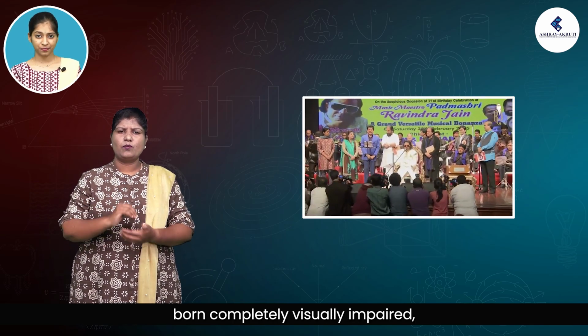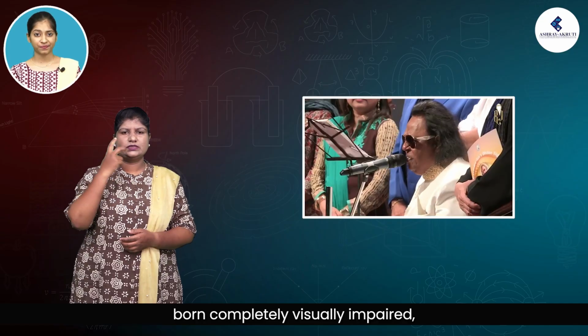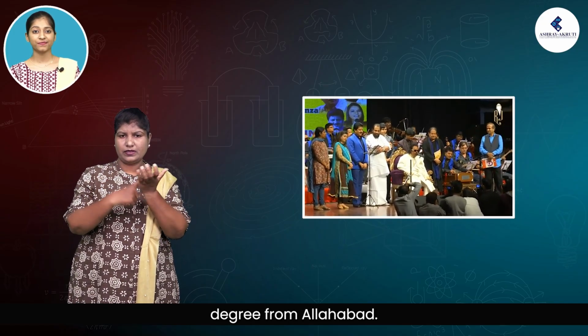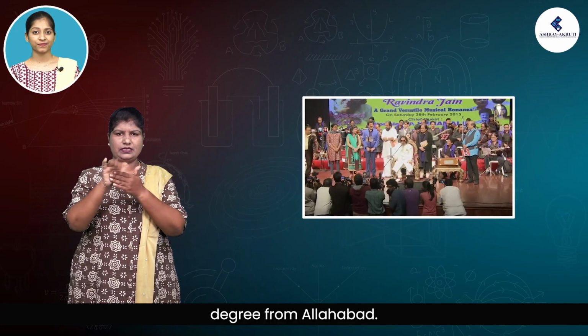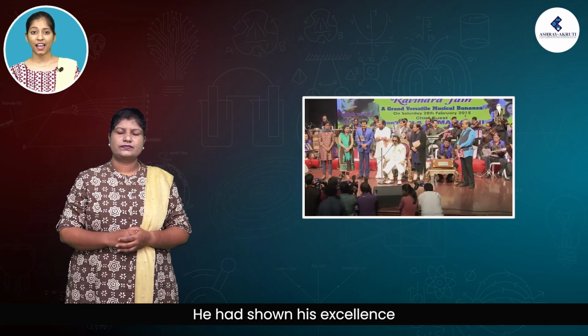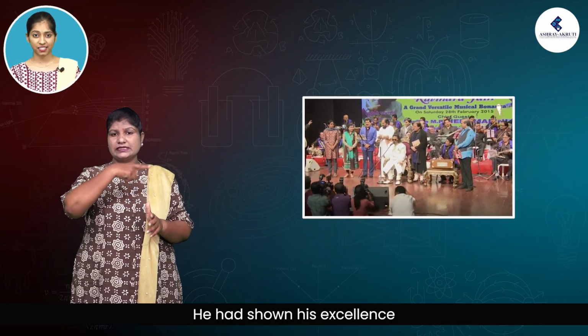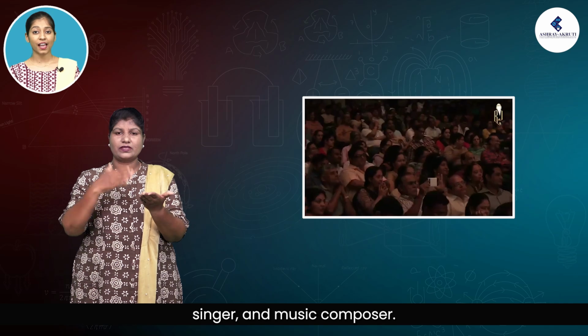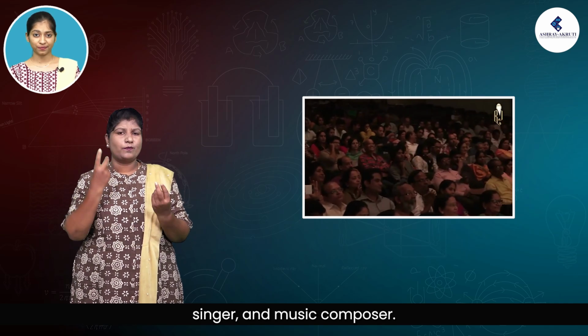Ravindra Jain, born completely visually impaired, obtained his Sangeet Prabhakar degree from Allahabad. He had shown his excellence as a lyricist, singer, and music composer.